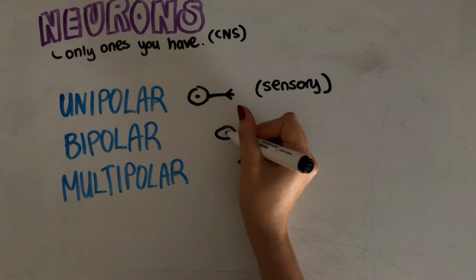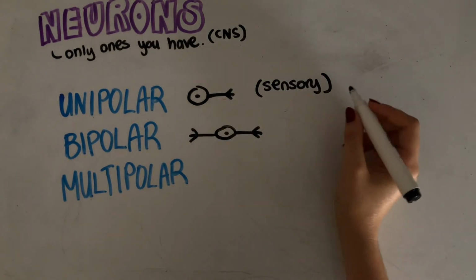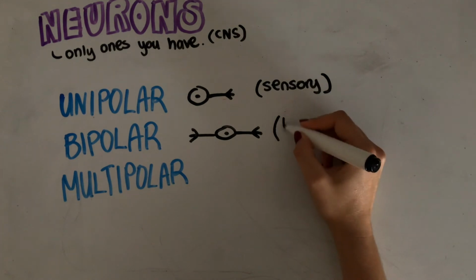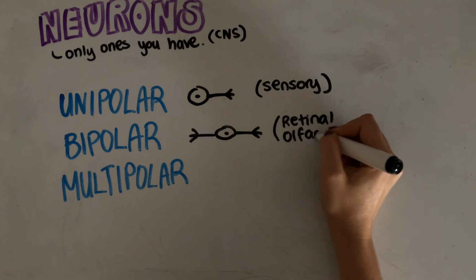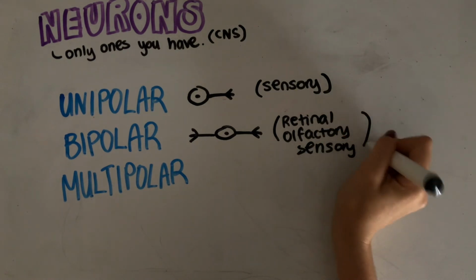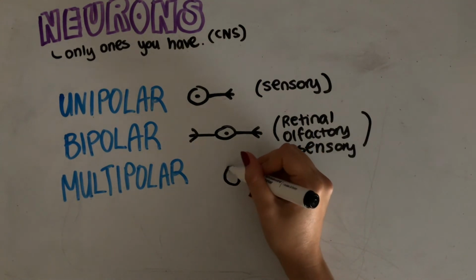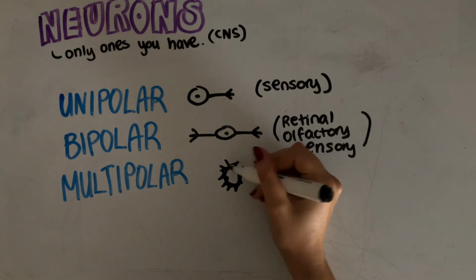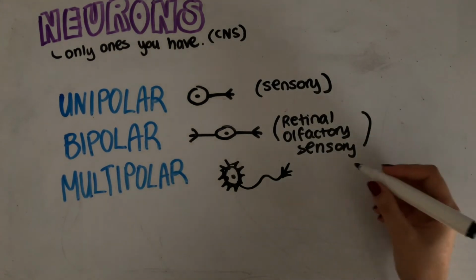Your bipolar are sort of the more complex sensory neurons. That's how I think of it anyway. So these are more like your five senses, so like olfactory neurons and retinal neurons for like sight, smell, also taste. And then your multipolar neurons have basically one axon, but heaps and heaps of dendrite heads, so they can receive heaps and heaps of messages.